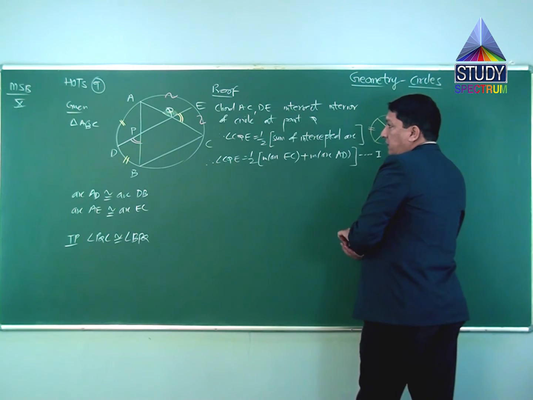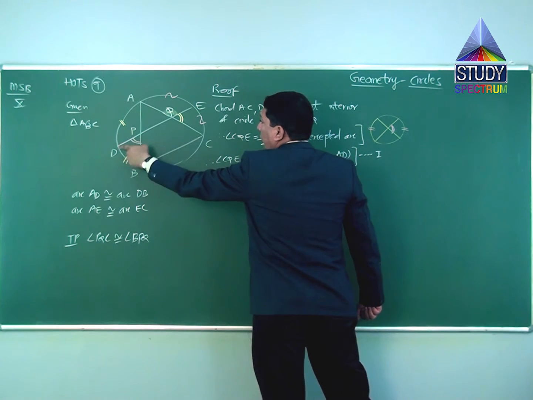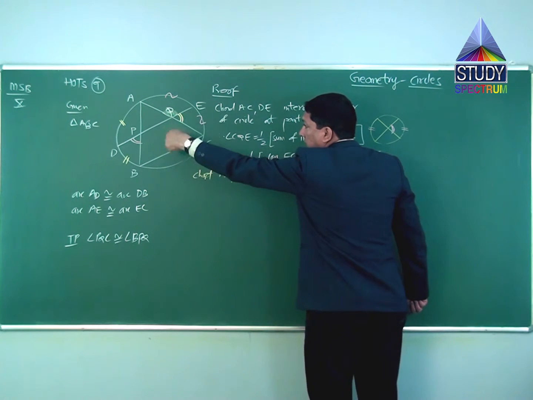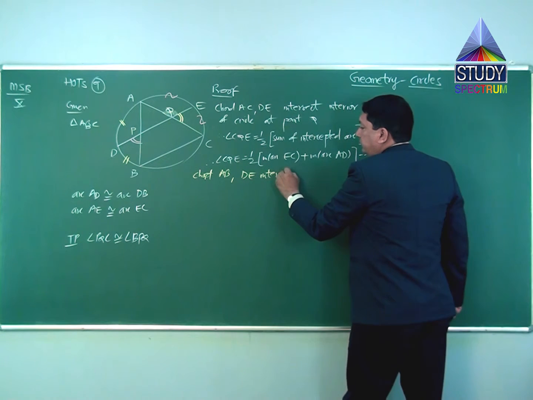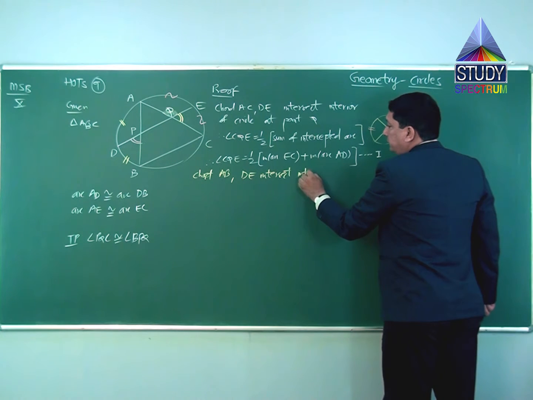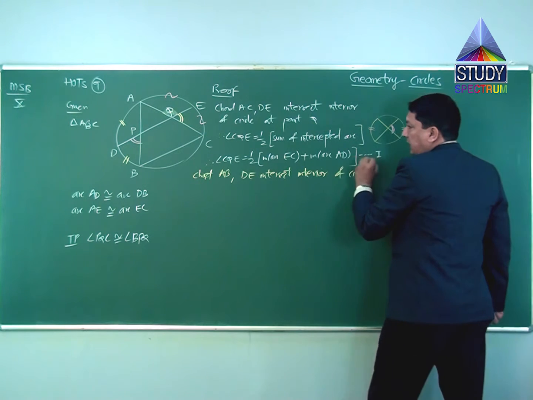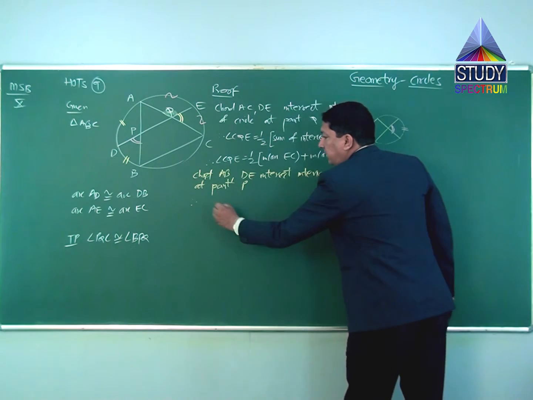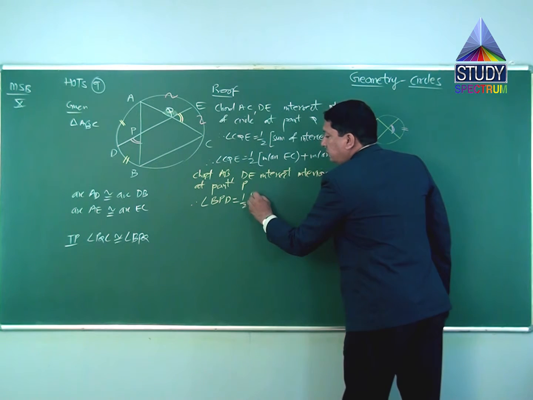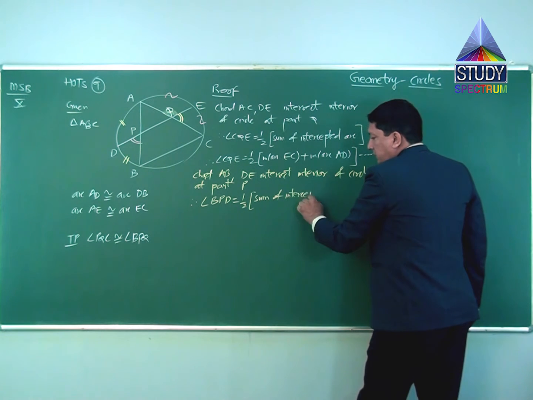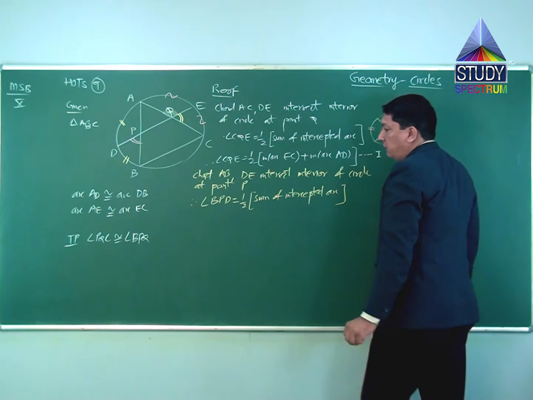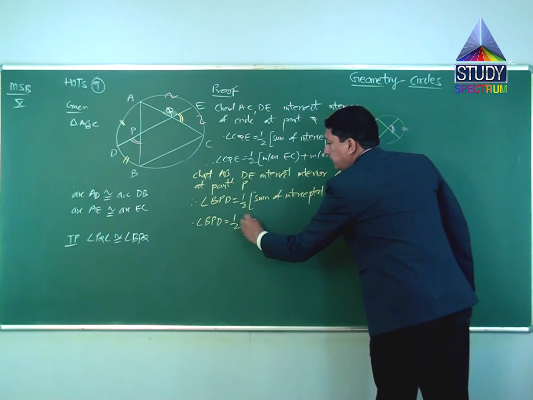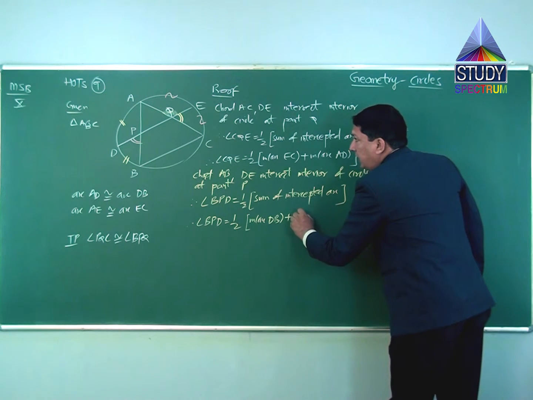In the same way, for the second angle: chord AB and chord DE intersect in the interior of the circle at point P. Therefore, angle BPD is equal to half the sum of the intercepted arcs. The intercepted arcs are these two arcs, arc DB plus arc AE.